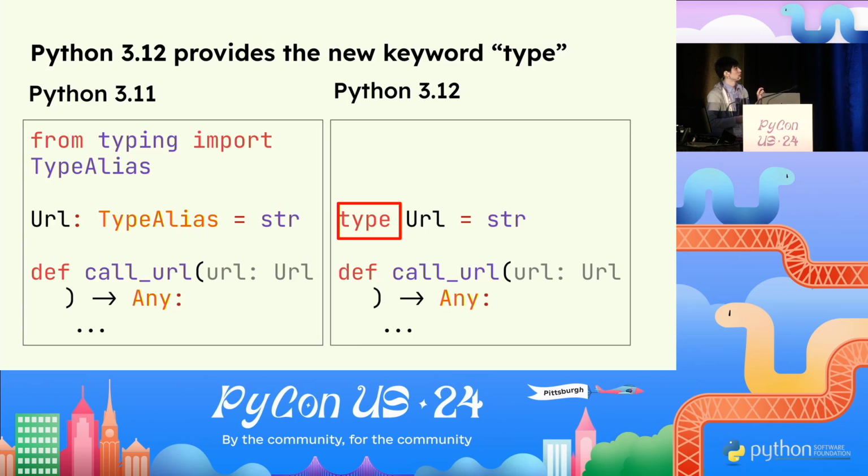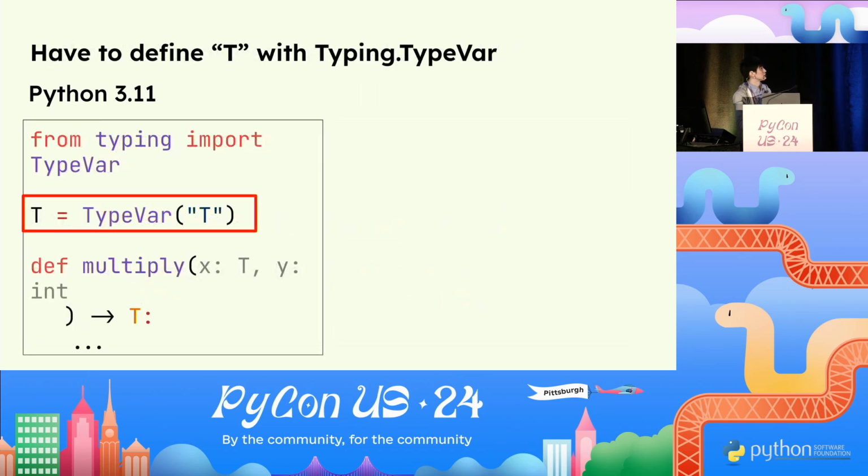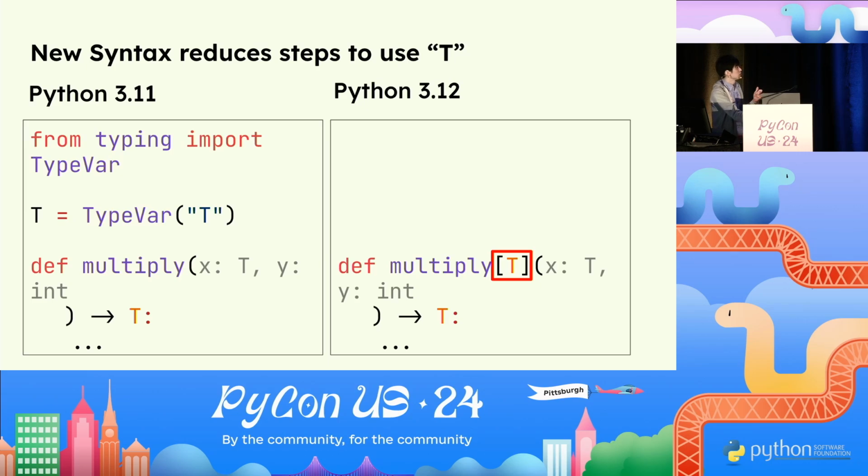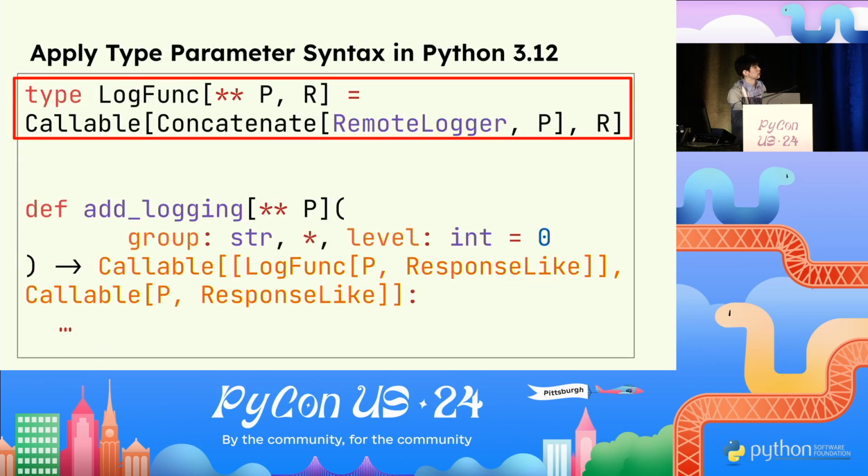If we write type URL = str, that means URL is str. We don't need to import TypeAlias. Also, for generics we had to define T, and we needed TypeVar to define T. But the new syntax provides a cool feature. A function name followed by [T] means T is a generic inside this scope. It's very cool. We can reduce the unnecessary import statements and code.